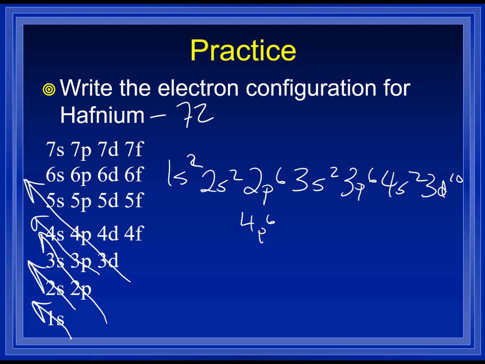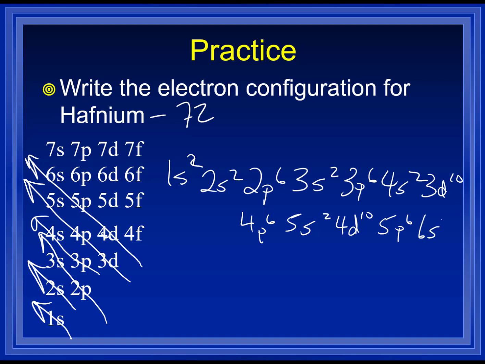What comes after 4p is 5s. So that was 36, 38. 4d is 10. There's 48. After 4d comes 5p. That's 6, that's 54.